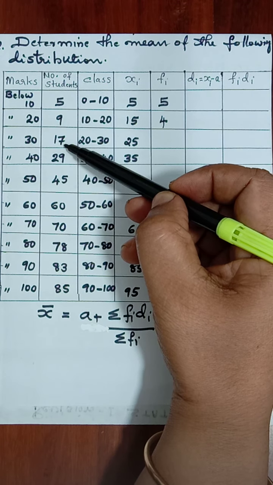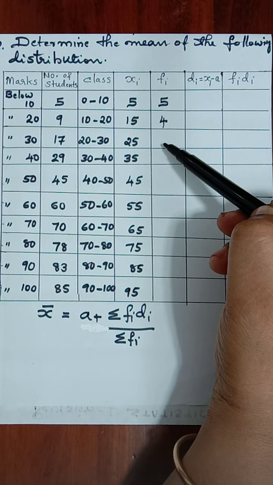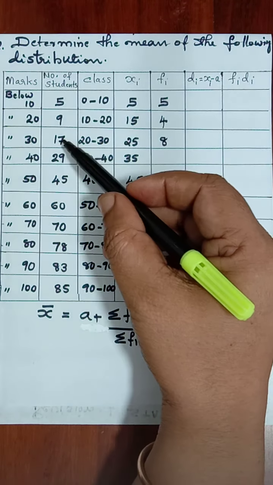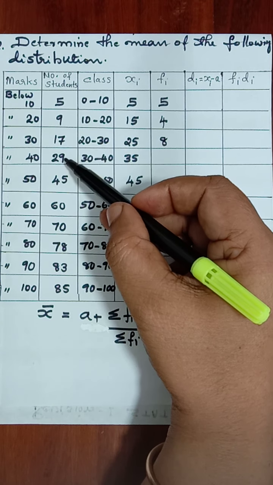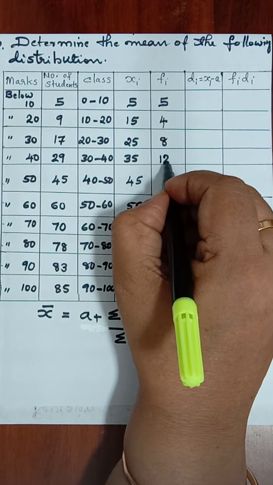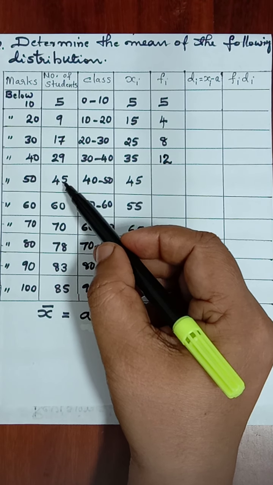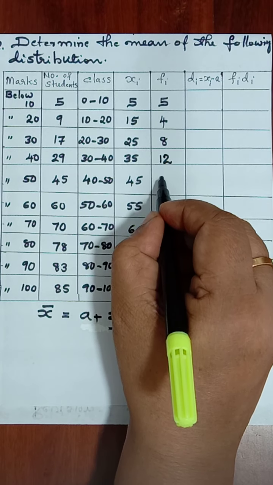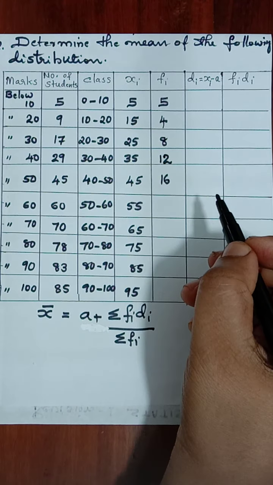9 plus what makes 17? That should be the next number. 9 plus 8. Okay, that is 17 minus 9. Then 29 minus 17. Isn't it 12? Then comes 45 minus 29, it is 16.